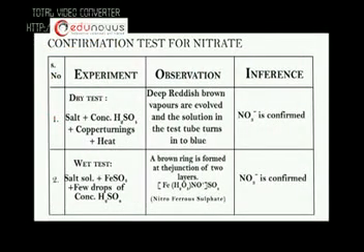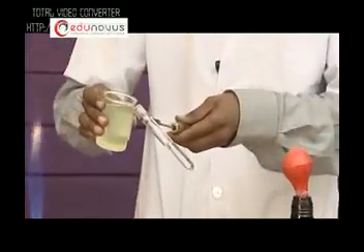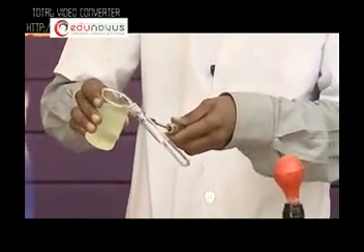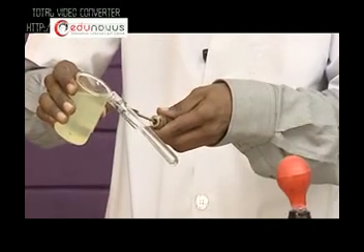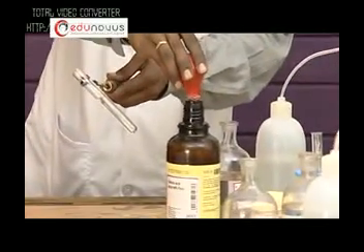Therefore, nitrate is confirmed. Brown ring test: salt solution plus ferrous sulfate solution plus few drops of concentrated sulfuric acid. Now, to the original salt solution, we add freshly prepared ferrous sulfate solution and then we add concentrated sulfuric acid along the inner walls of the test tube.